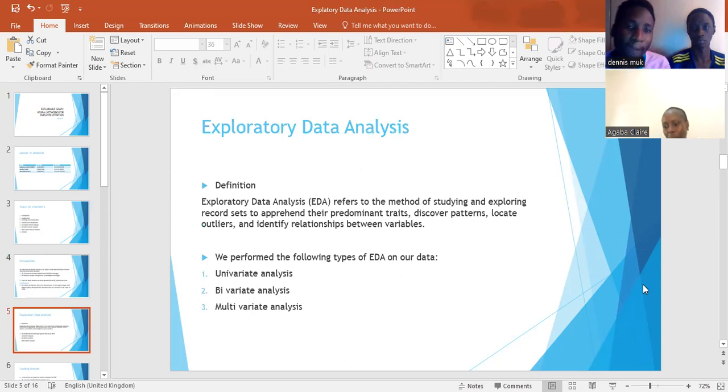So EDA refers to a method of studying and exploring record sets to apprehend their predominant traits, discover patterns, locate outliers, and identify relationships between variables. The EDA we performed on our data includes univariate, bivariate, and multivariate analysis.